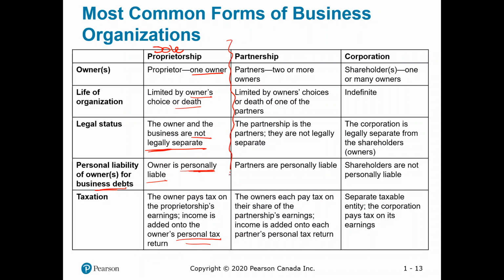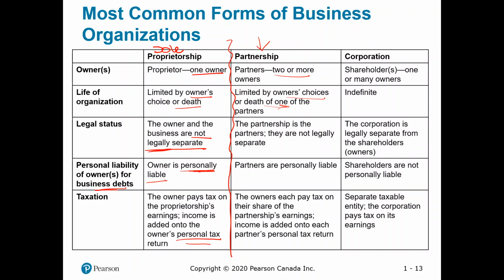Okay, next we will look at partnerships. So partnerships are made up of 2 or more owners called the partners. Like a sole proprietorship, the life of the organization is limited by the owner's choices or if one of the partners does pass away.